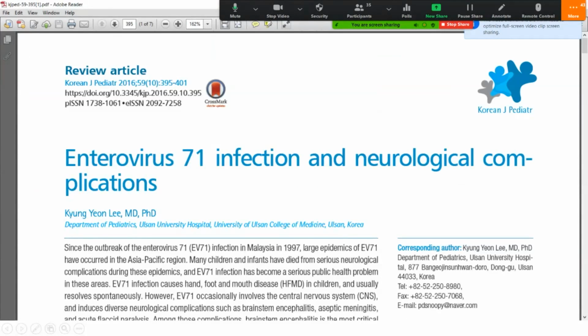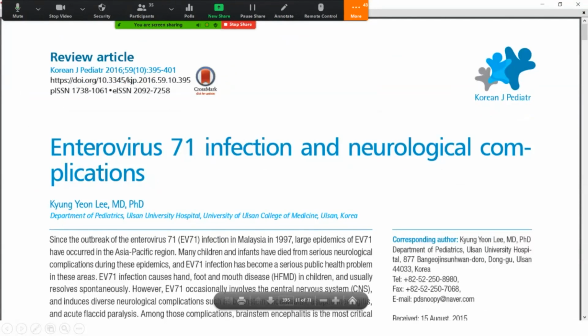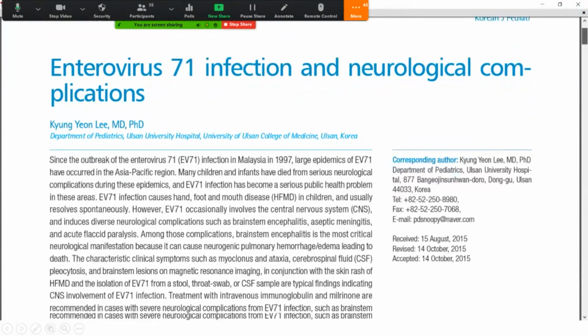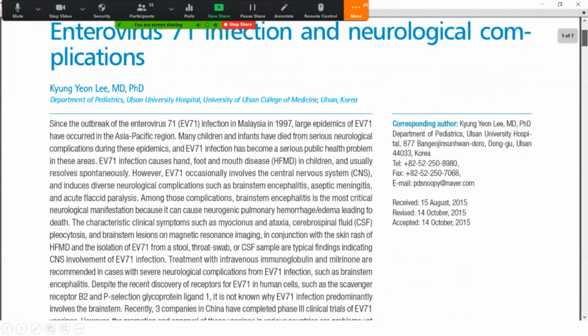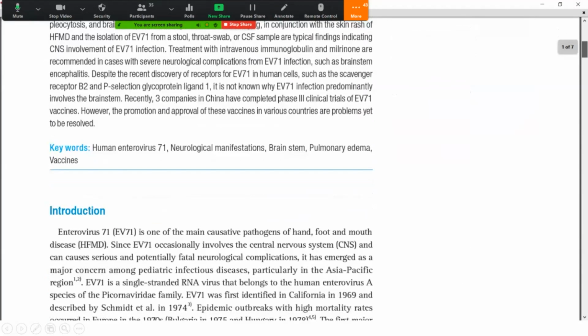The most common cause is the Coxsackie virus, and the second is enterovirus 71, but the impact from enterovirus 71 is bigger than from Coxsackie virus. For this you can check in detail. You can take time to read the attached article.